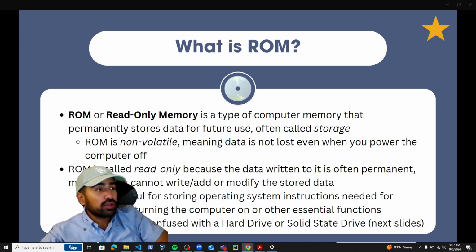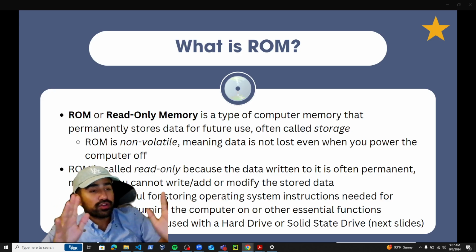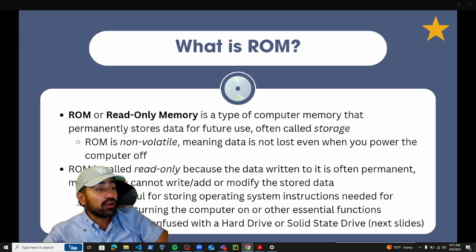But yeah, different from RAM, we have ROM, or read-only memory, which is a type of computer memory that permanently stores data. And like I said, it's usually called storage. This is non-volatile. So remember, volatile means you turn off the computer, it all disappears. For ROM, this is not the case. When you power it off, that data is still going to be there.